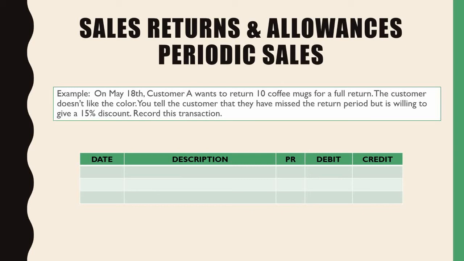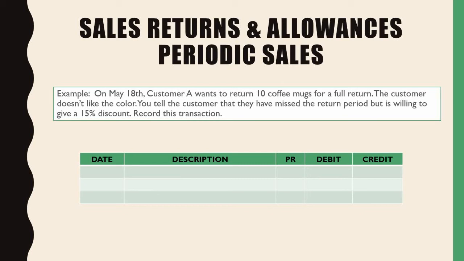And you tell the customer that they have missed the return policy, because we said they have to return within 15 days. They've missed it, it's already the 18th. So at this point, they lost the opportunity to get a full refund. However, we talked them into getting an additional 15% because they don't like the product.